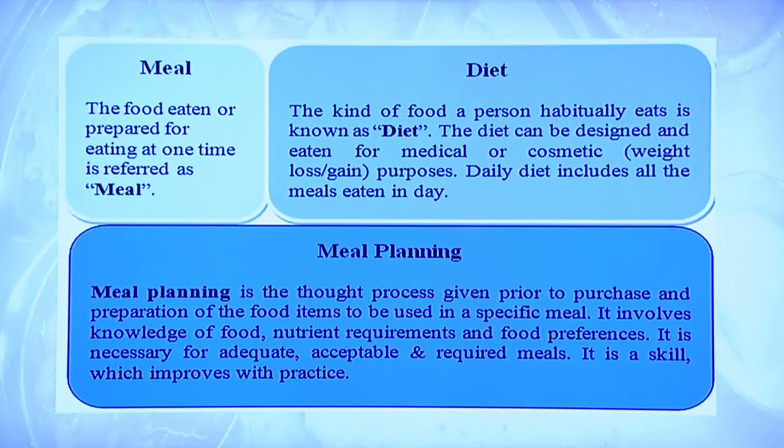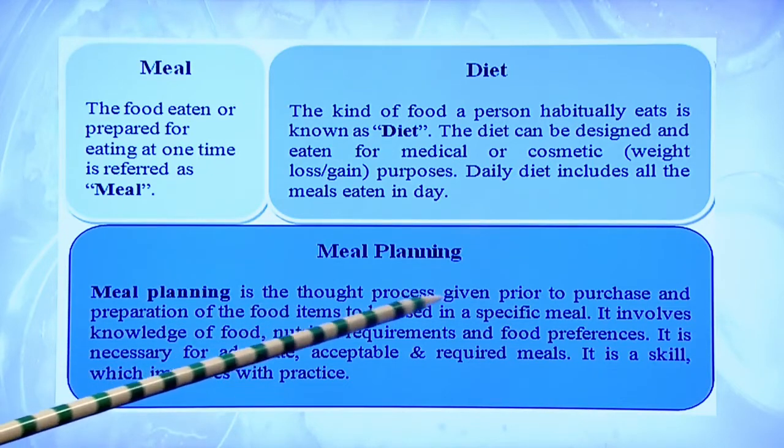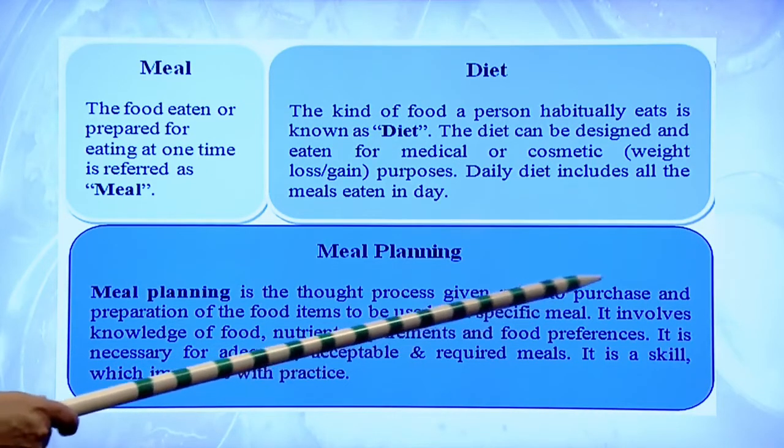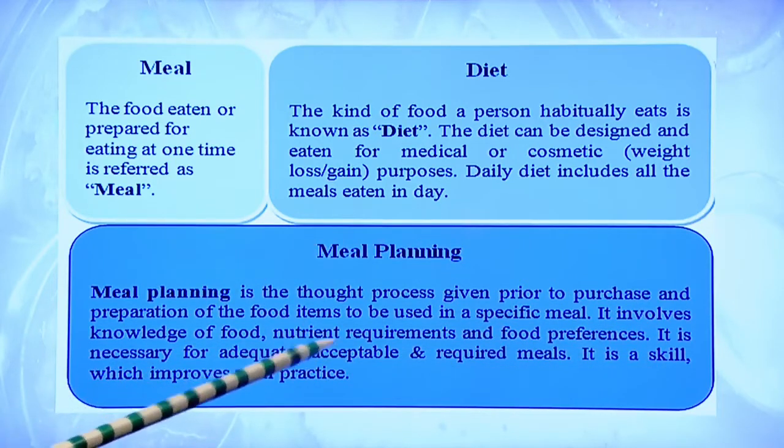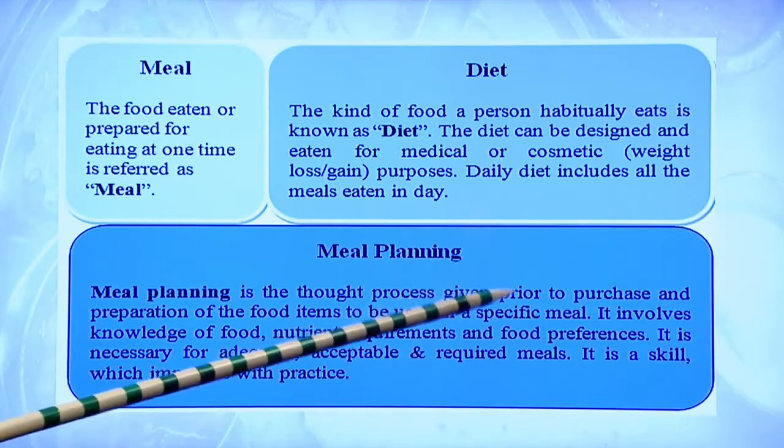So, now we will understand what meal planning is. Planning, you know, is a thought process, it is not an action. So when we use this word, meal planning is a thought process given prior to purchase and preparation of the food items to be used in a specific meal.